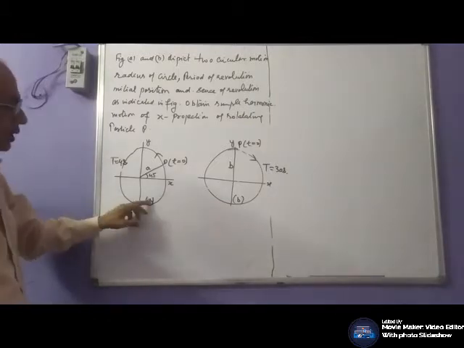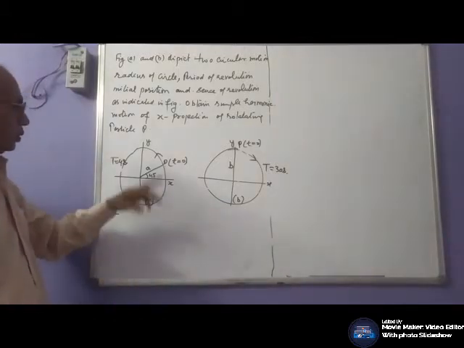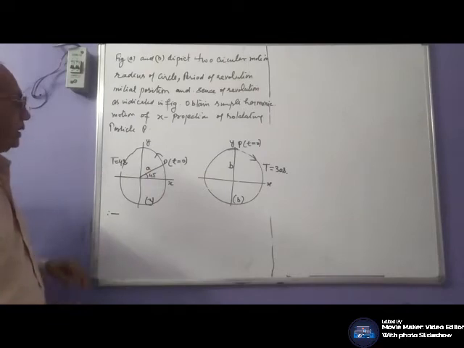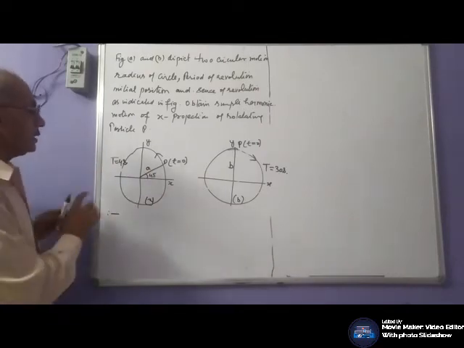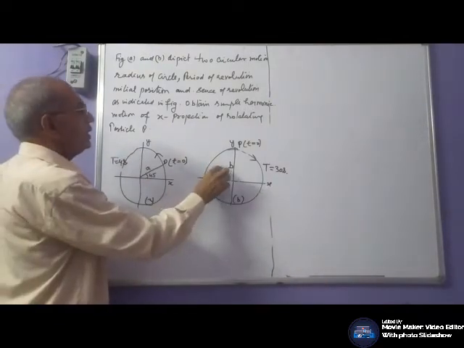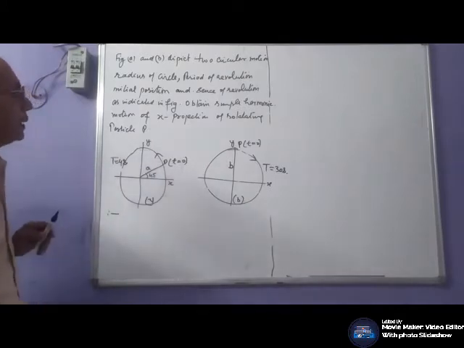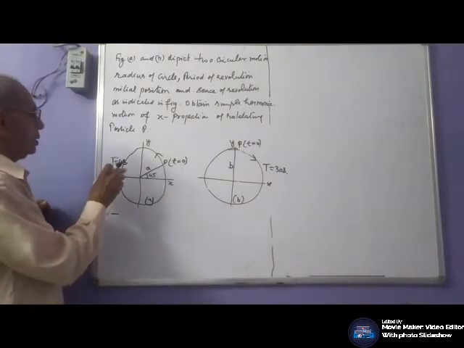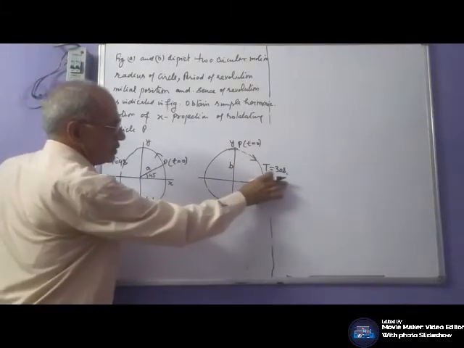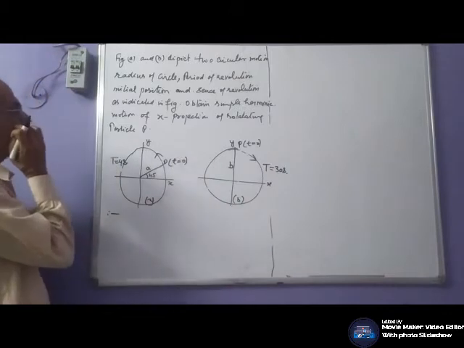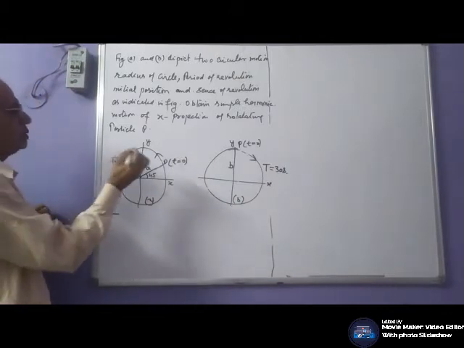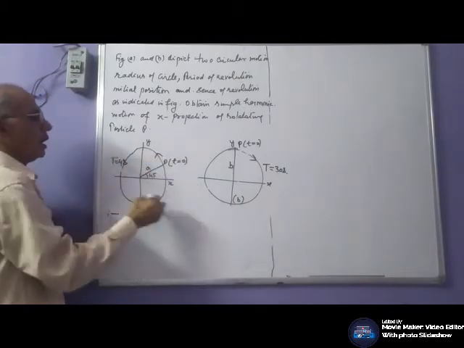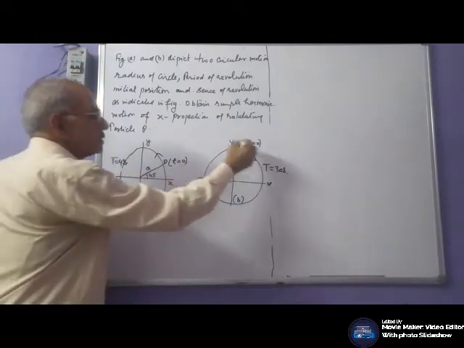Again, two figures A and B, two circular motions. Here the radius is small a, here the radius is small b. Period of revolution: this is the time period, this is the time period for figure B. Sense of revolution: this is anti-clockwise, this is clockwise.